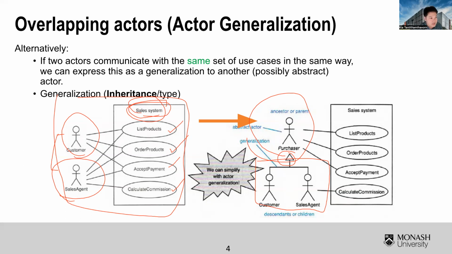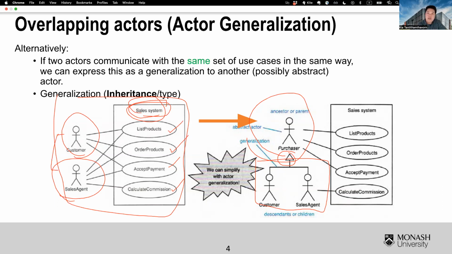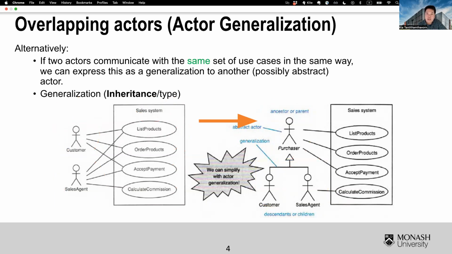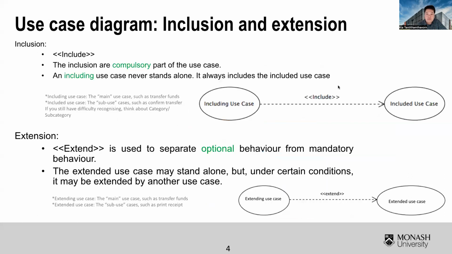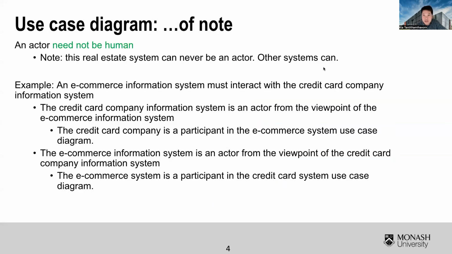Let's take a look at the Zoom chat a little bit. How do you draw the system to system as actor or participant as in the previous example? Does it need to draw the human figure to the system boundary or system to system? I think what he means is, for the credit card, let me try my best.